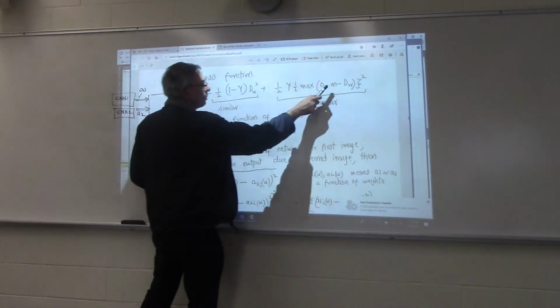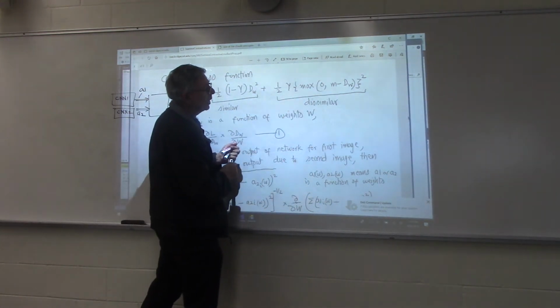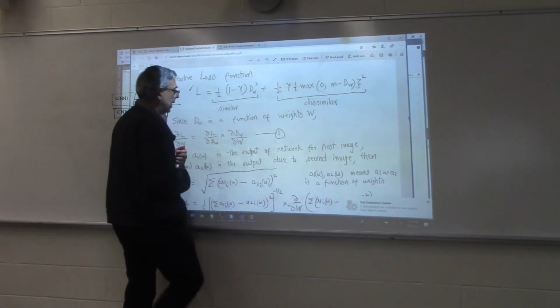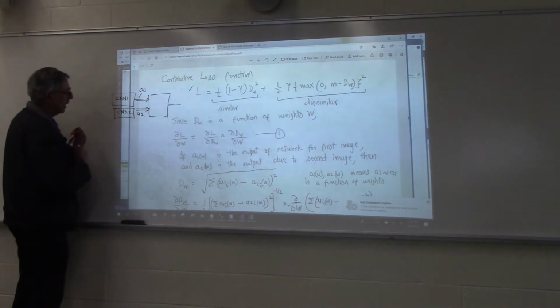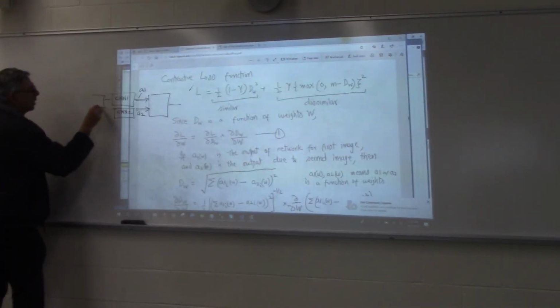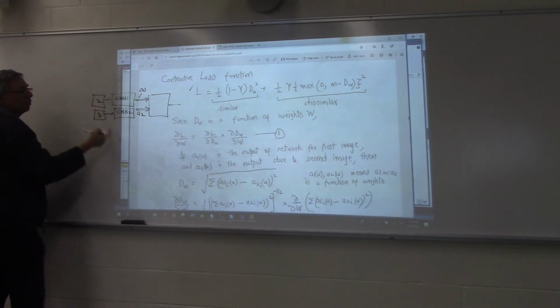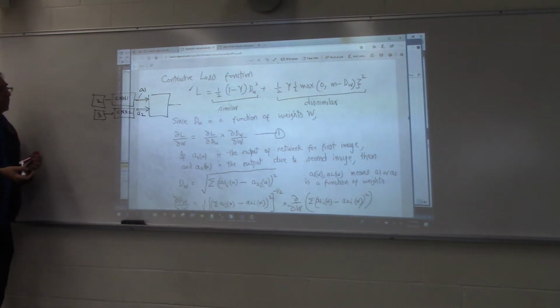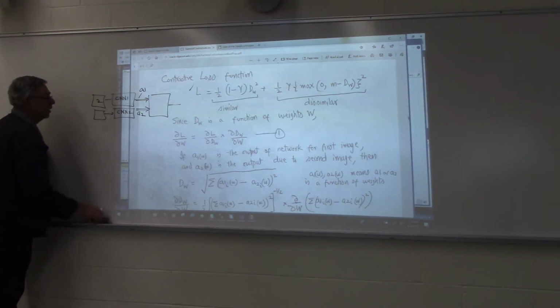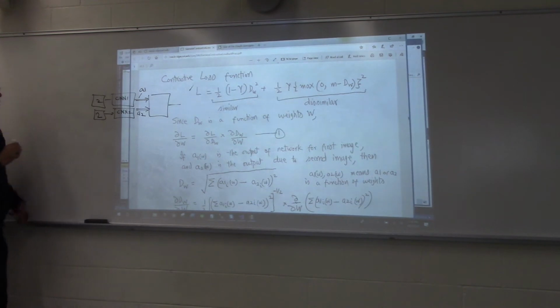I forgot to remind you of this margin. So the idea is, okay, let's say we feed in a 2 and a 3, right? So what would be the expected output in this case? 1, right? If I feed in another slightly different looking 2, expected output will be 0.